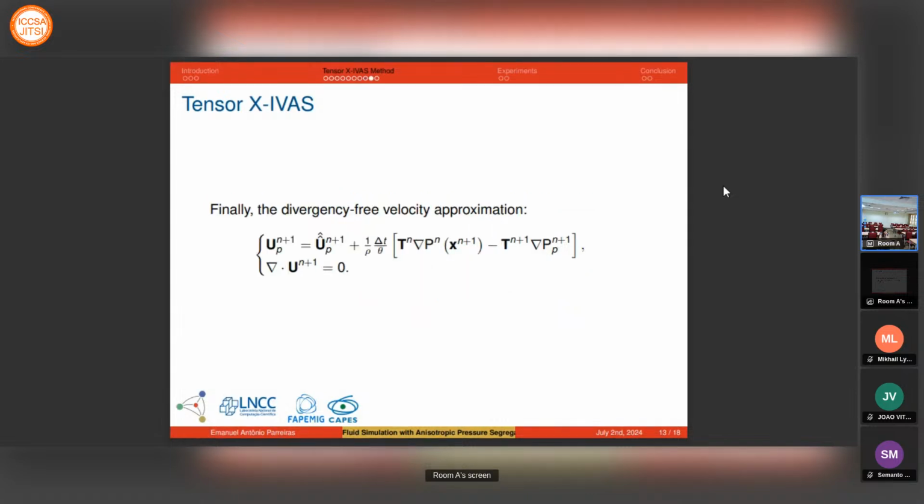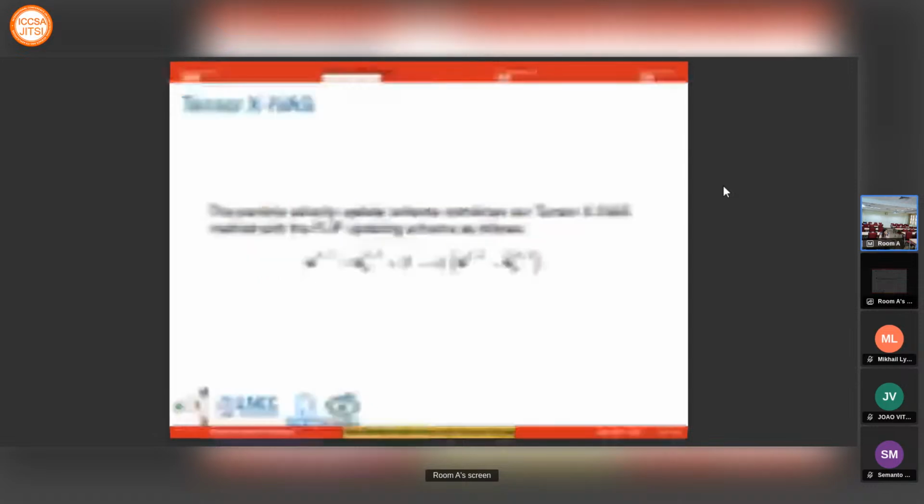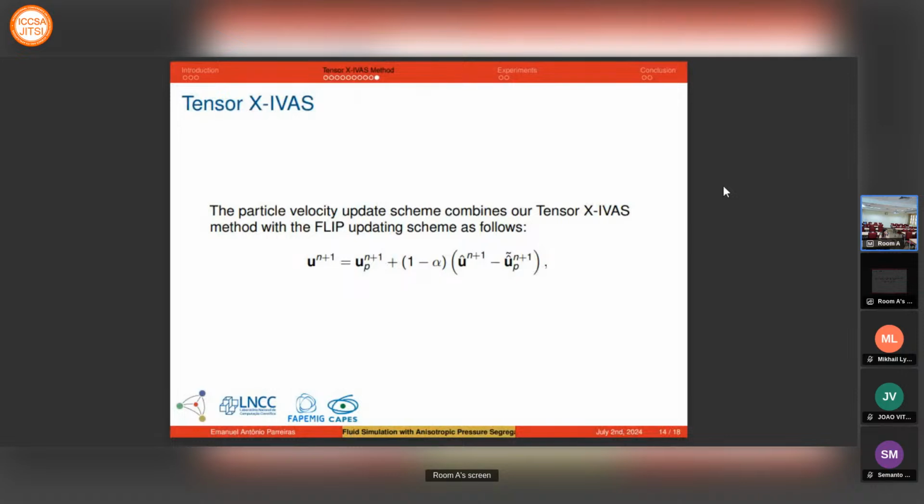For the particle velocity, we can calculate the divergence-free velocity approximation using the second velocity approximation and the delta P we already calculated.